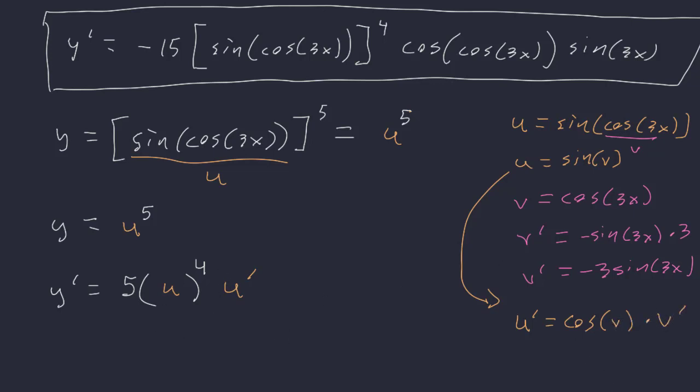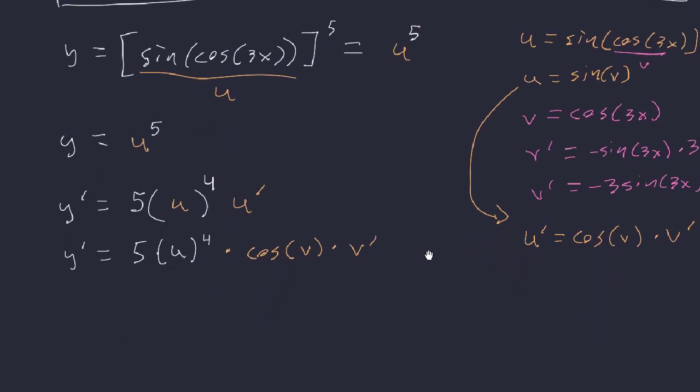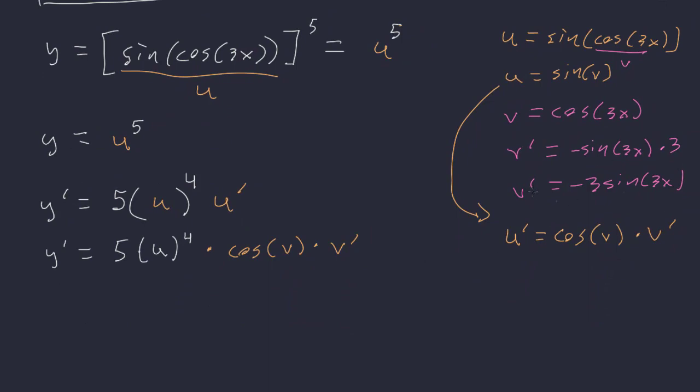Okay, so in this next line here, I'll write this as 5 u to the 4th and then u prime I'll replace with cosine of v times v prime. Okay, well now we already found v prime. It's this, negative 3 sine of 3x. So we'll put that in to our v prime.